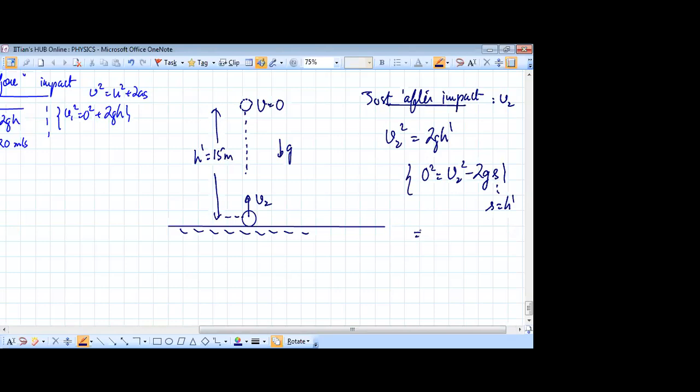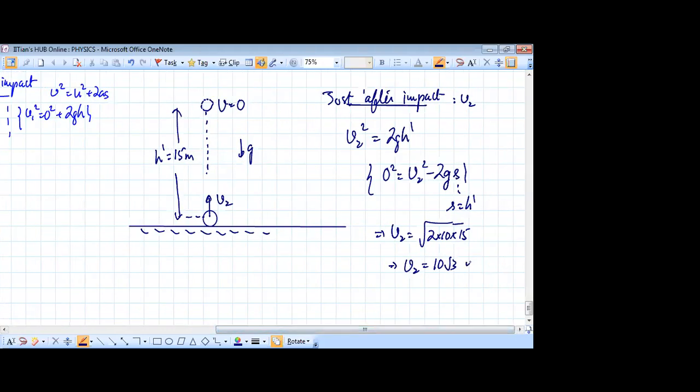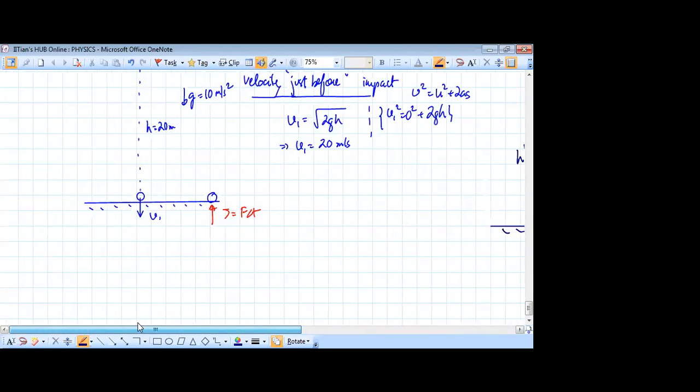So V2 will become square root of 2 into 10 into 15, which is 10 root 3, or approximately 17.32 meters per second upwards. Whereas my V1, remember, was downwards.